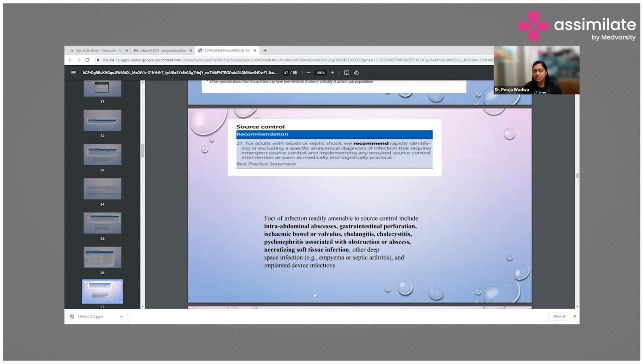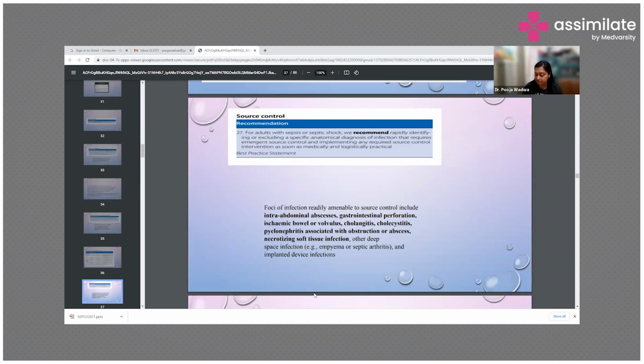So next, after you have started antibiotics, and if they are at high risk of developing fungal infections with Candida species, you have already started antifungals. Now, unless and until you do source control, you are not going to treat the sepsis. You're just controlling it, but you have to remove the source.